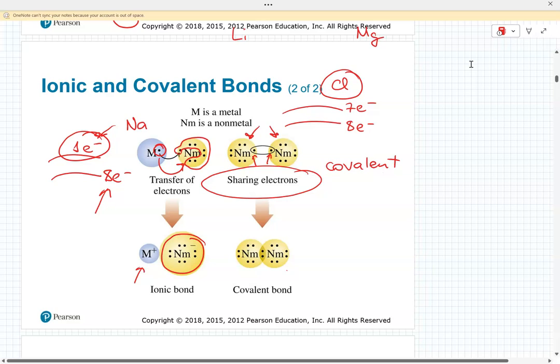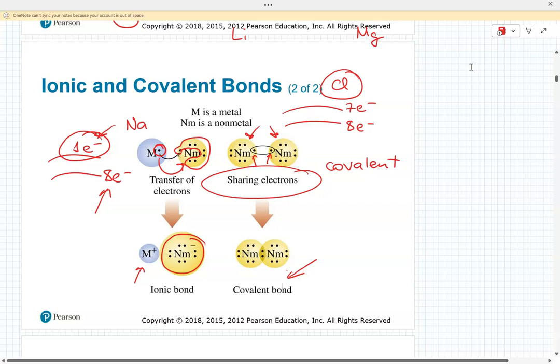Good? Now imagine two identical twins that physically have the same capacities. 3.5 days for one, 3.5 days for another. Right? This is the equal sharing. So in this example, this covalent bond, these two atoms are the same.